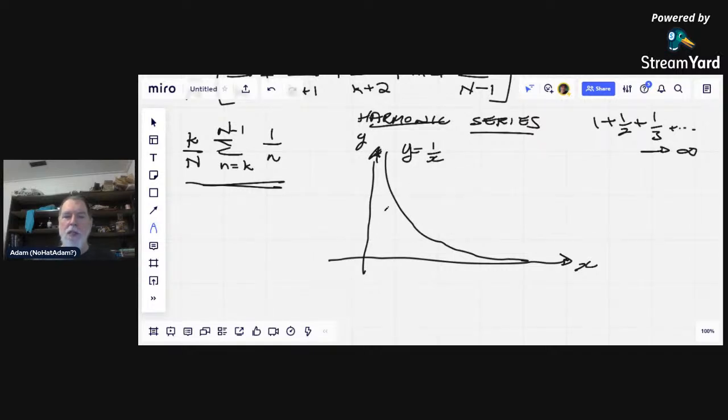Let's suppose this is 1, and this is 2, so this is going to be a half, and this is 3, so that's a third, and this is 4, so this little smidgen in here is a quarter. So summing the series, say from 1 to 1/4, it's going to be the areas of these rectangles. That's the partial sum of that harmonic series.